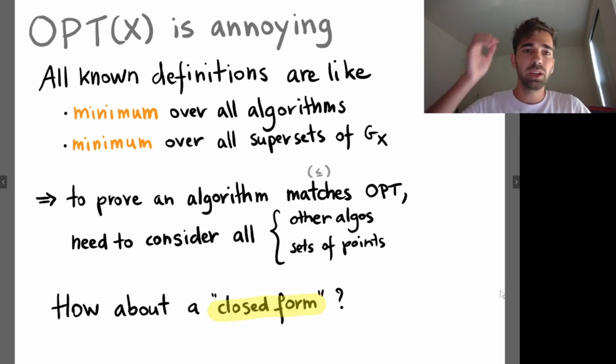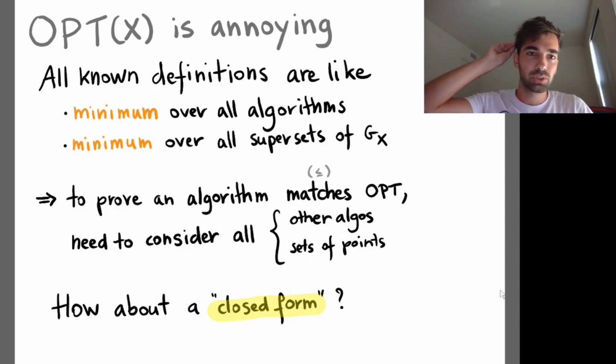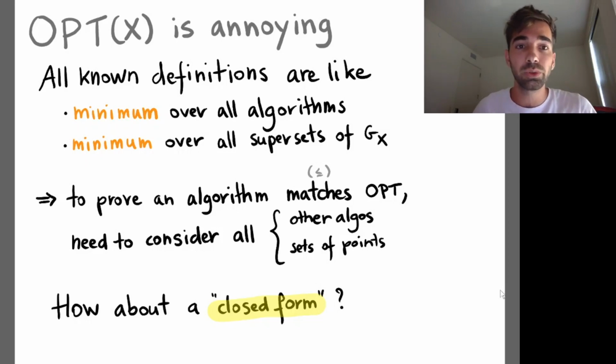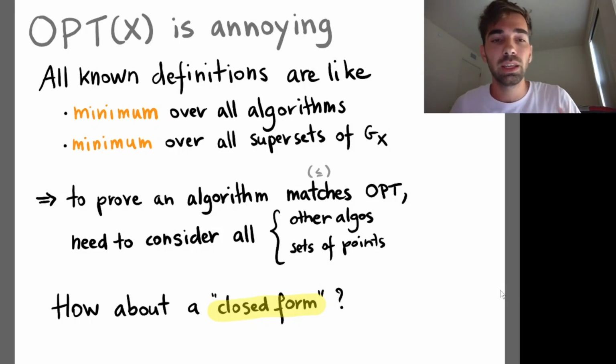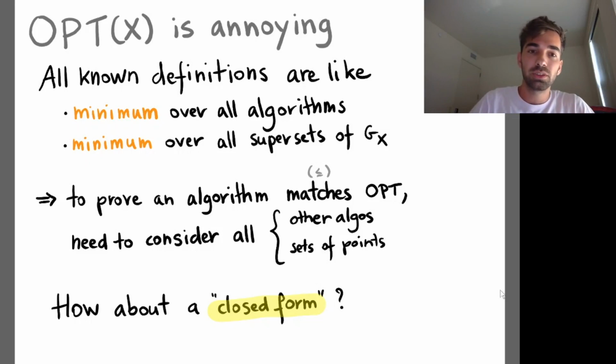So first, why would you want to care about lower bounds on OPT of x? The reason is that OPT of x is kind of annoying to work with, and the reason for that is that all the known definitions for it are the minimum over some large set of things. For example, the original definition is the minimum over all algorithms, over all possible ways to execute sequence x. And in the characterization in the geometric view, it's also the minimum over all sets of points.